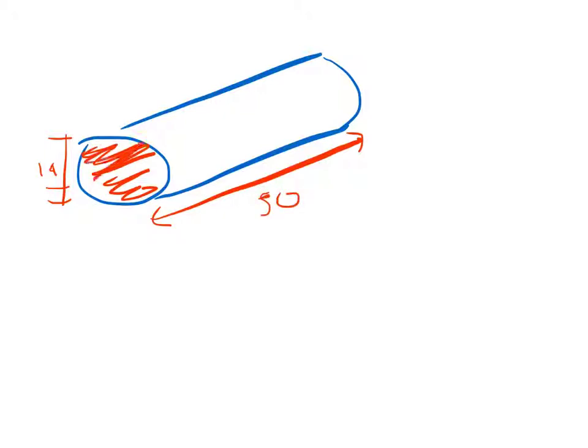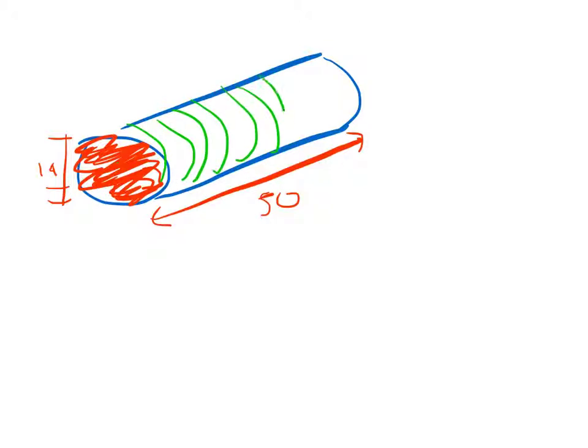So again, first we're going to find just the area of the front of the circle, and then we're going to say, okay, if I have one of those, how many more do I have? Maybe I have 50 more slices here, and that's what my number tells me. I have 50 more slices, so take one of these and then multiply it by 50 more, and that will tell us the volume of our cylinder.